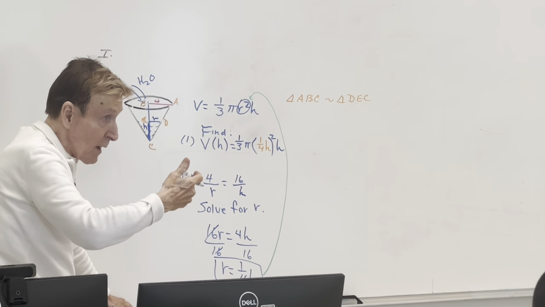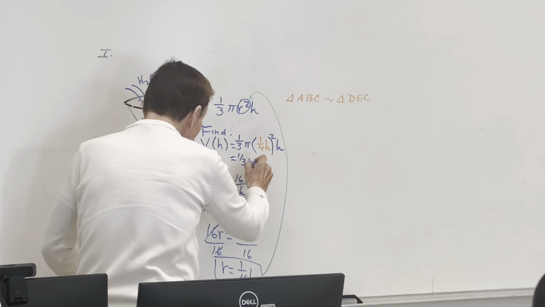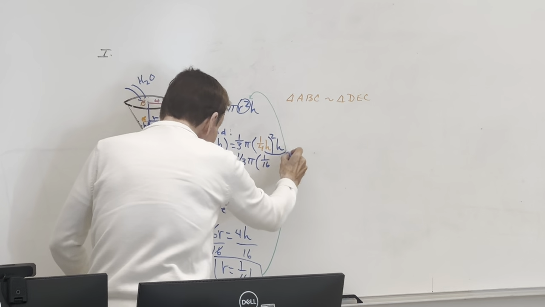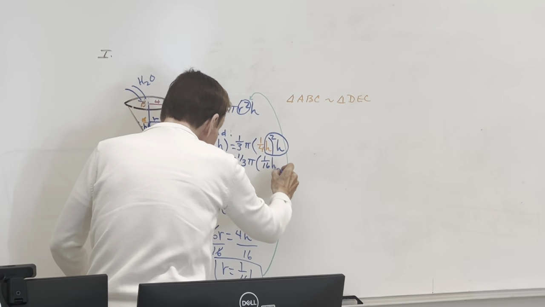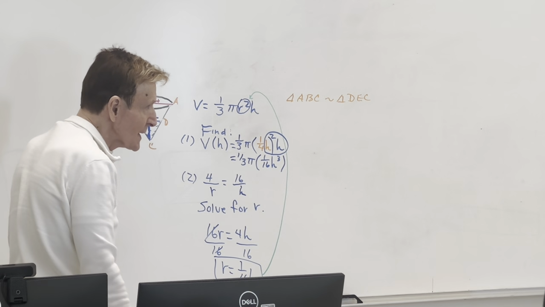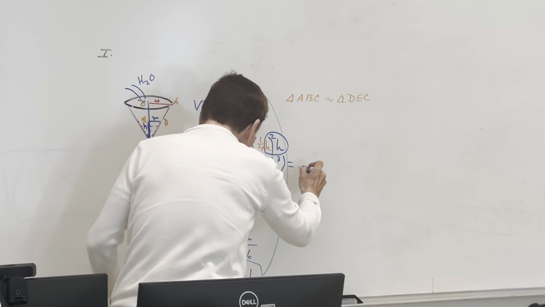I can clean it up some, of course. So if I clean this up to make it look better, 1/3 pi, this is 1/16. In fact, H squared times H gives me H cubed. Better yet, I could multiply my numbers.